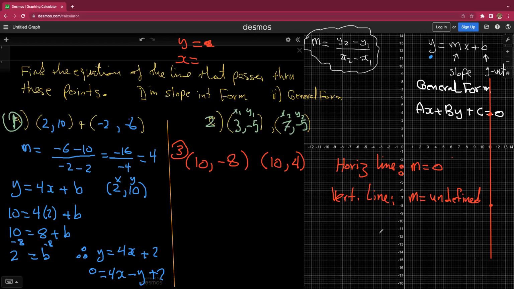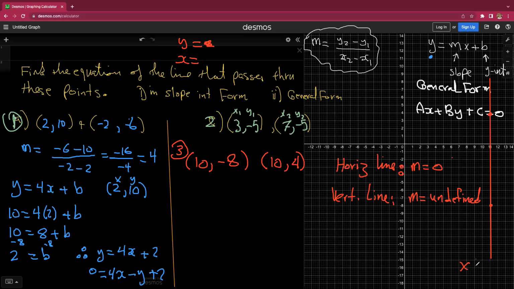If it's vertical, you look at which value doesn't change. Is it the X or the Y? The Y here is -11, the Y here is -5. But how about the X? X here is 10, X here is 10, X here is 10.